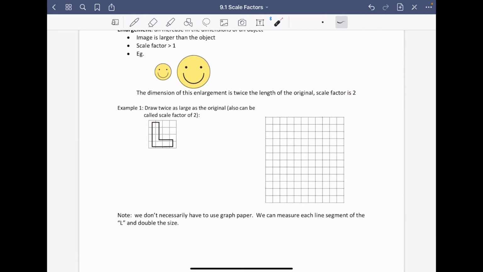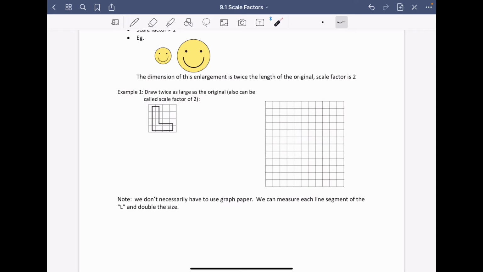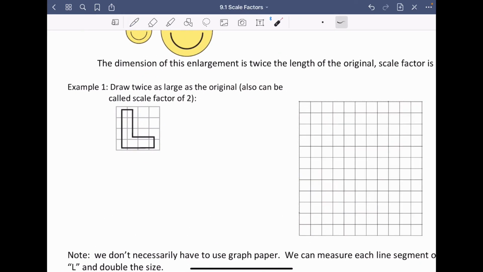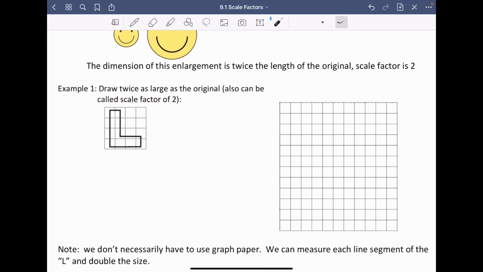Example number 1. Draw an enlargement that is twice as large as the original. If this is our original, how do we draw an enlargement that is twice as large? Let's look at this original diagram here.